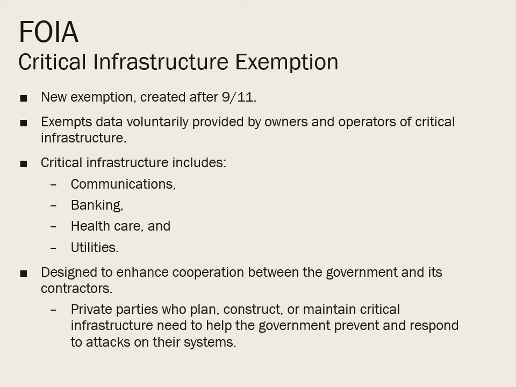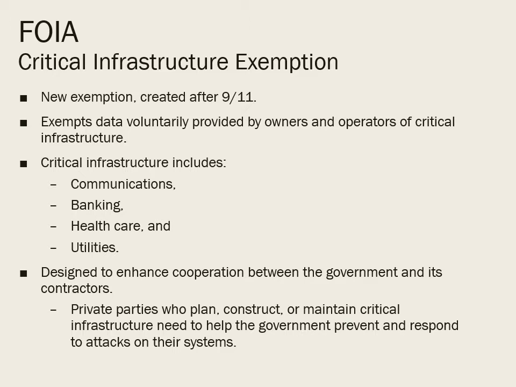And the reason for this exemption is that the federal government wanted to ensure cooperation from its private contractors. These contractors were very sensitive to the possibility that once they gave their information to the government, it could be disclosed under a FOIA request. So the government wanted to make sure that government contractors who work in critical infrastructure were willing to cooperate and help the government respond to threats to our infrastructure.